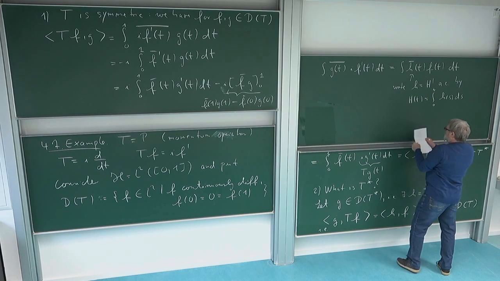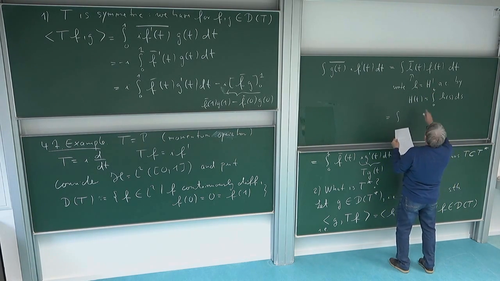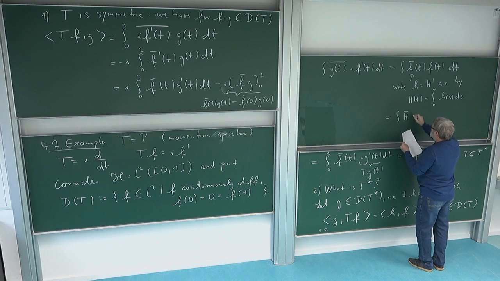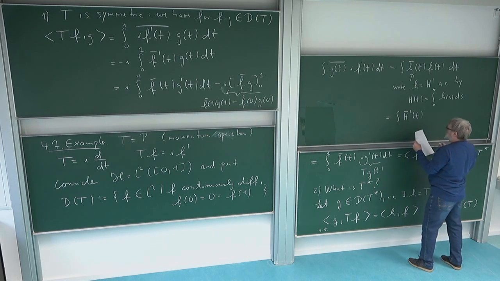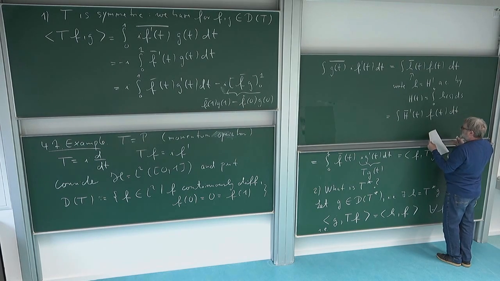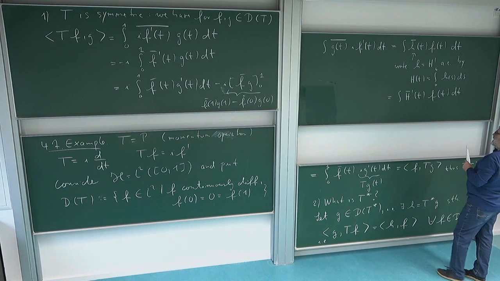So on this side, I write this now as the integral, and this little h I'm writing as a derivative of the capital H. So this is, and I have the complex conjugate here, so this is a derivative of H bar times f of t dt. And now, of course, I would like to do again partial integration.